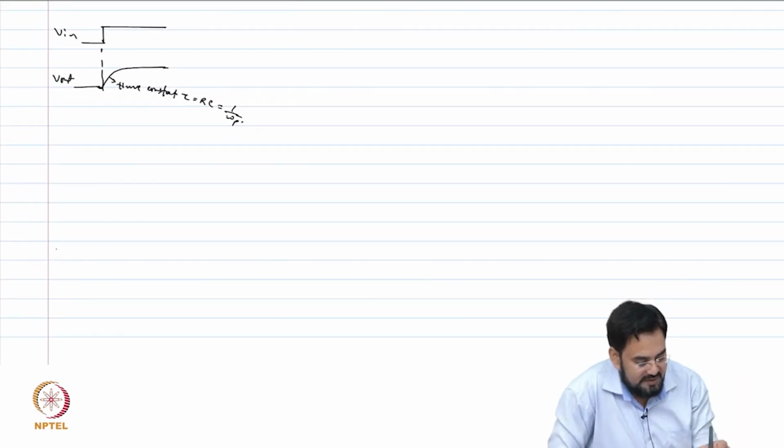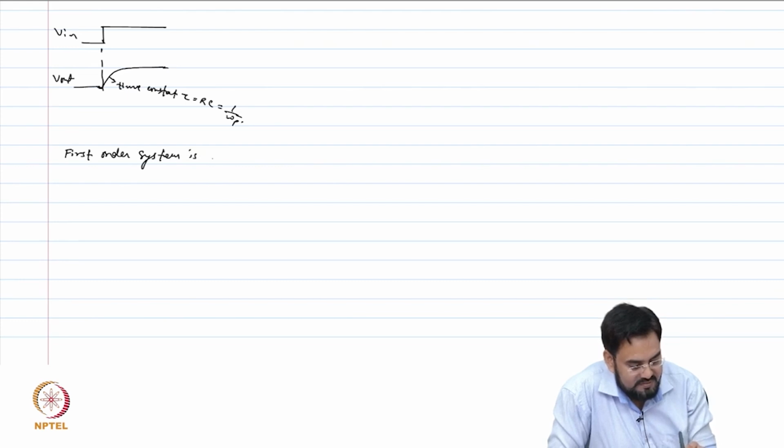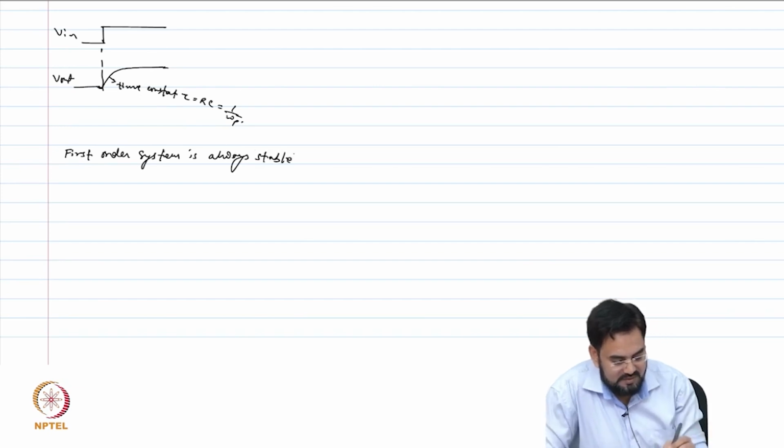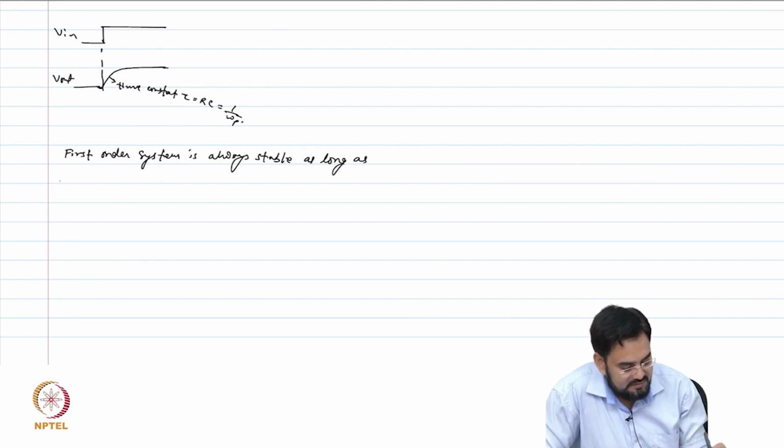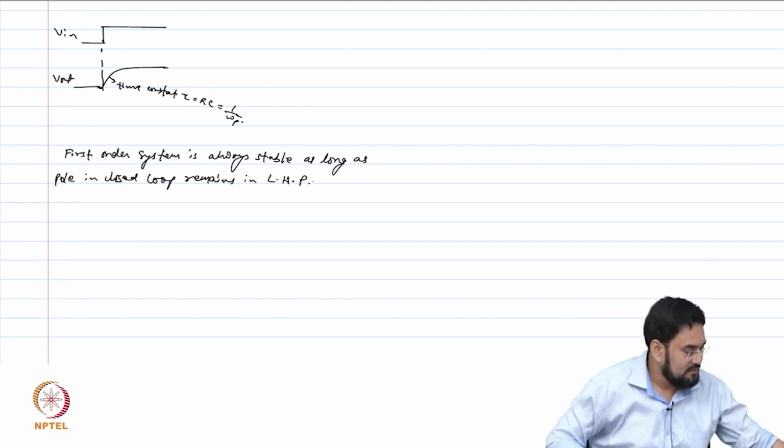So now we know that a single or first order system is always stable as long as the pole in closed loop remains in the left half plane. Okay.